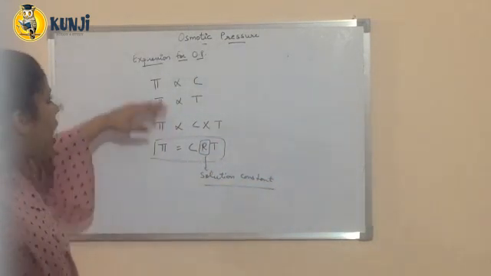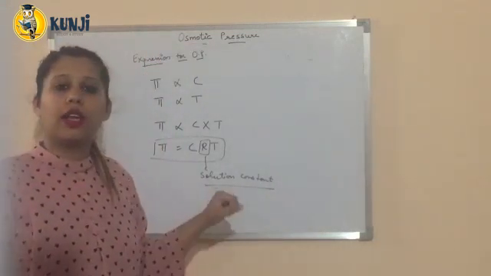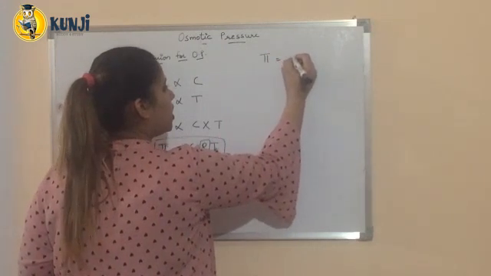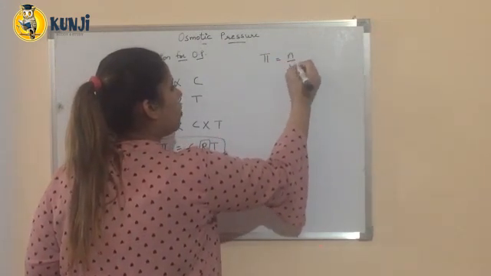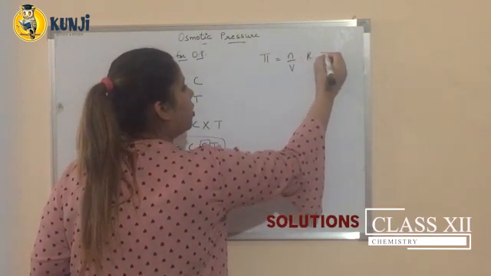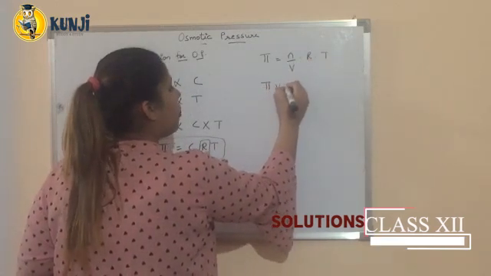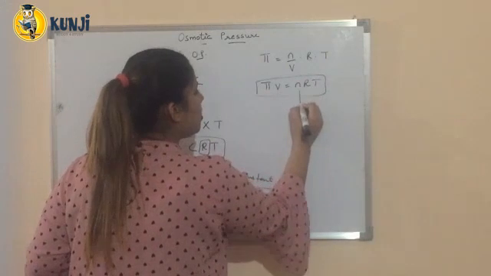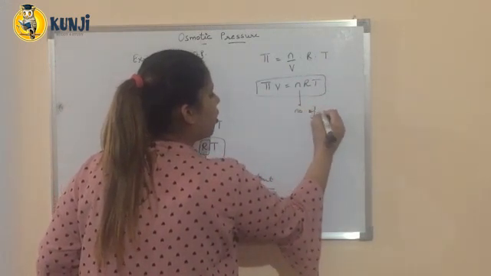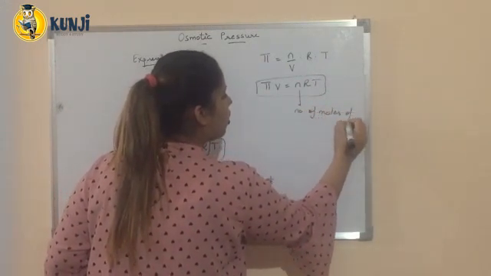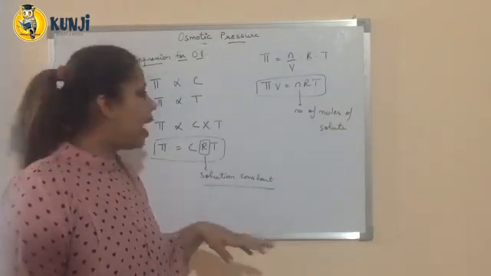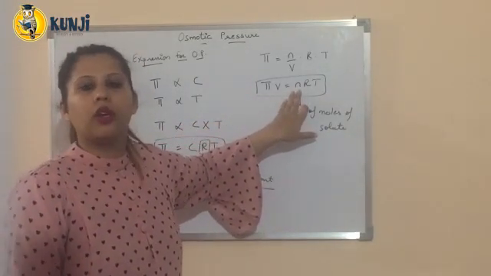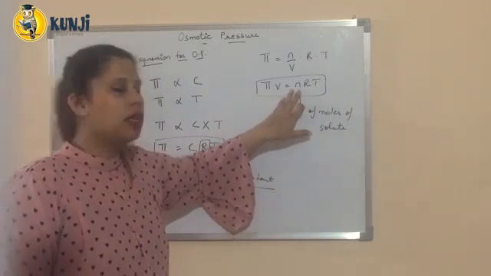Now we prove how osmotic pressure is a colligative property. We know that pi = CRT, and C = n/V, so piV = nRT, where n is the number of moles of solute. Here we can prove that osmotic pressure is dependent on the number of moles of solute.